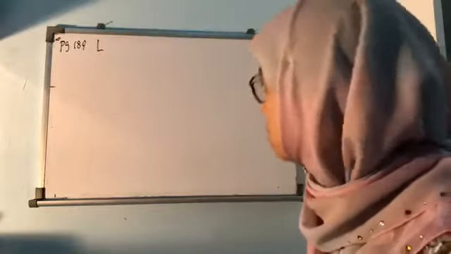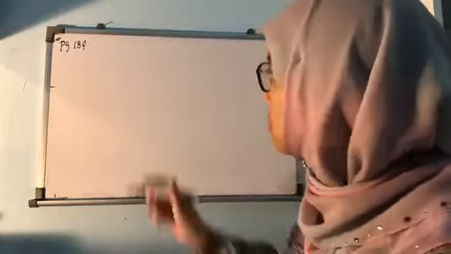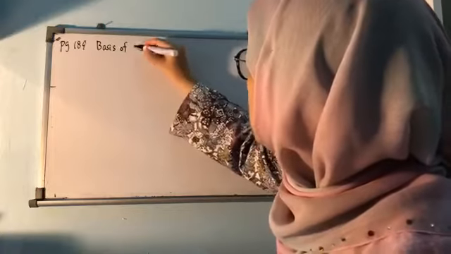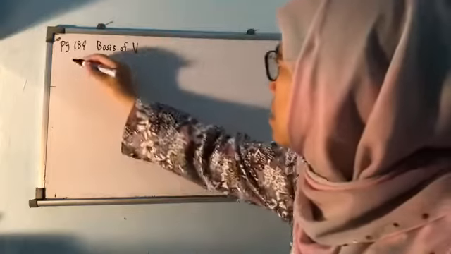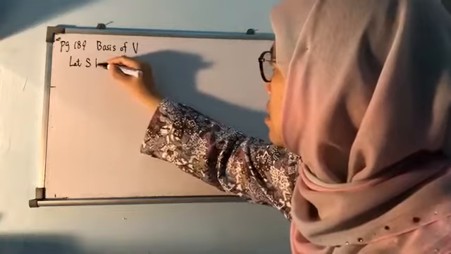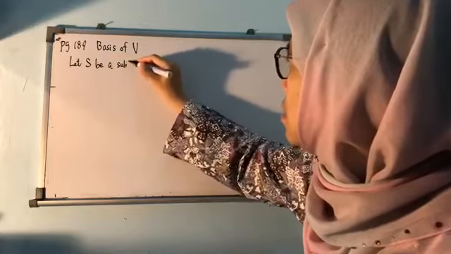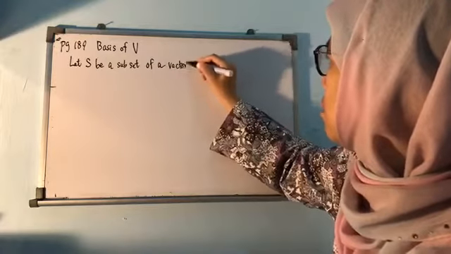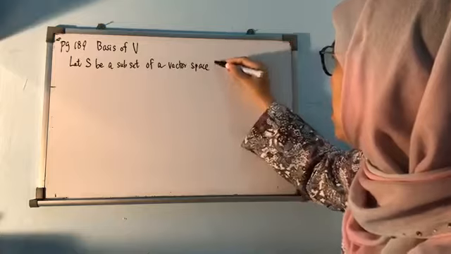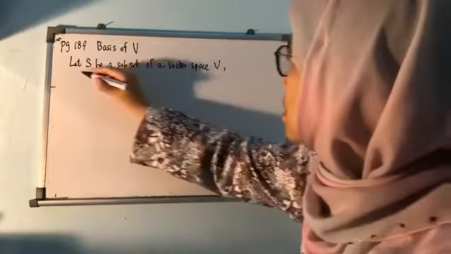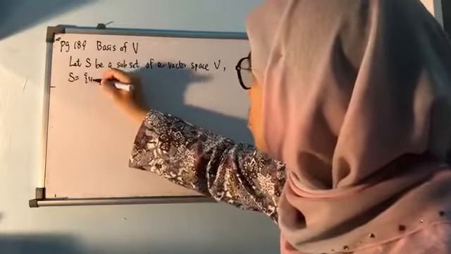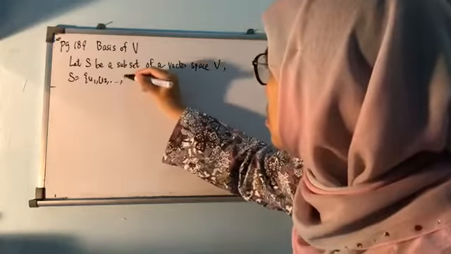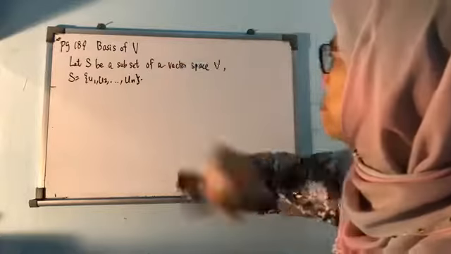Okay. Basis of V. V is a vector space. Let S be a subset of a vector space V. Okay. S is u1, u2 until un.